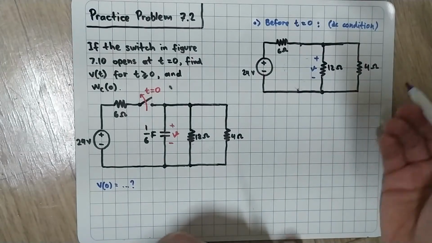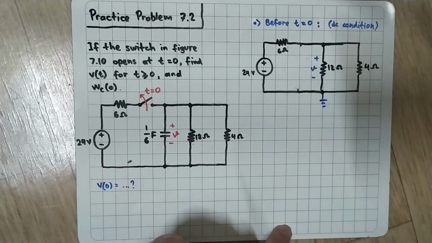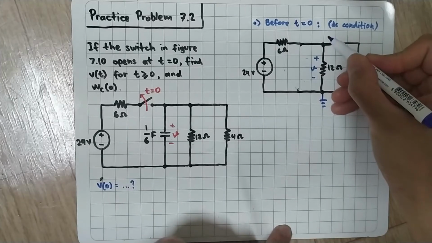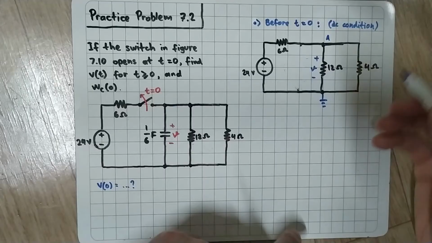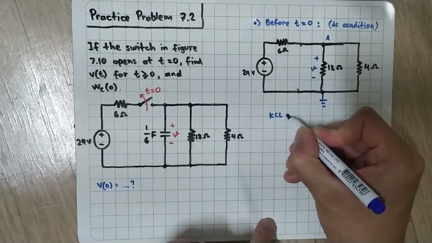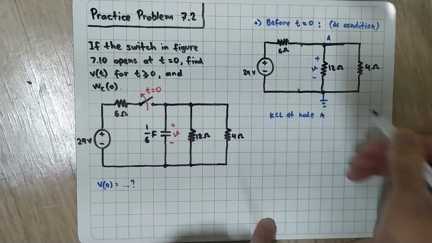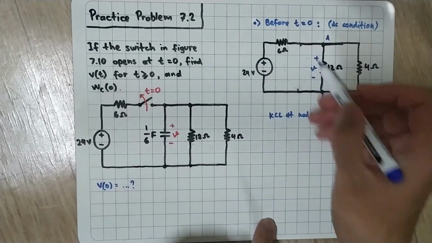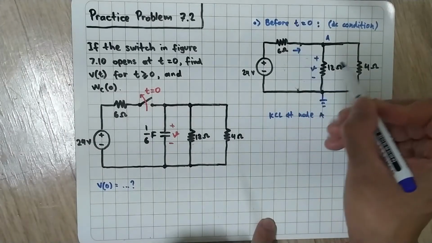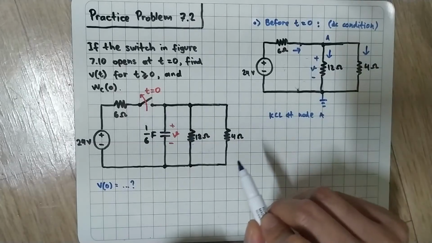Now we have our ground here, and then I want to use KCL at node A. I will assume that the current is going there, this is going there, and this is going there.